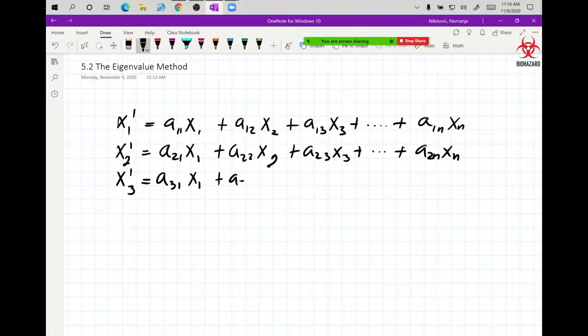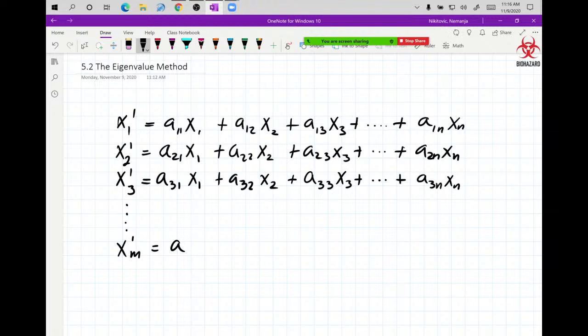So a31 x1 plus a32 x2 plus a33 x3 plus dot dot dot plus a3n xn, and then it's going to go down to xm prime, which is am1 x1 plus am2 x2 plus am3 x3 plus dot dot dot, and here is the last term, which is amn xn.